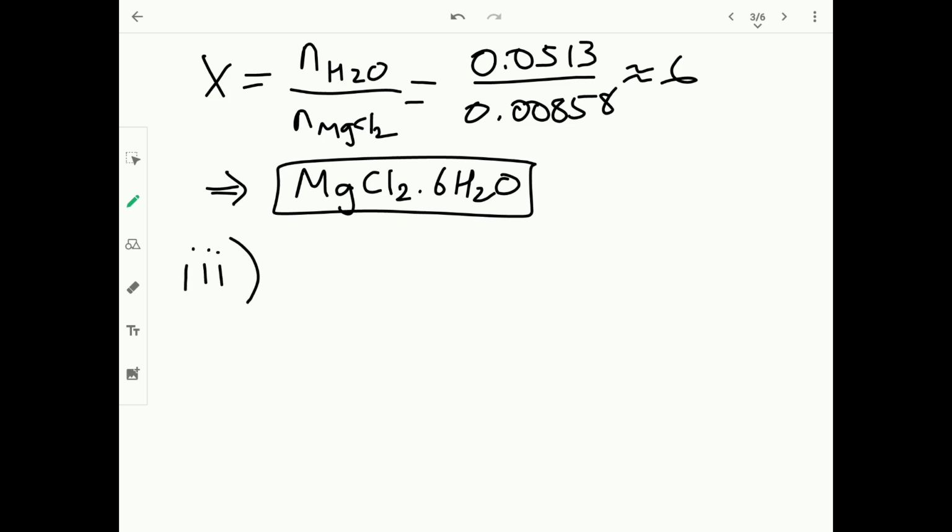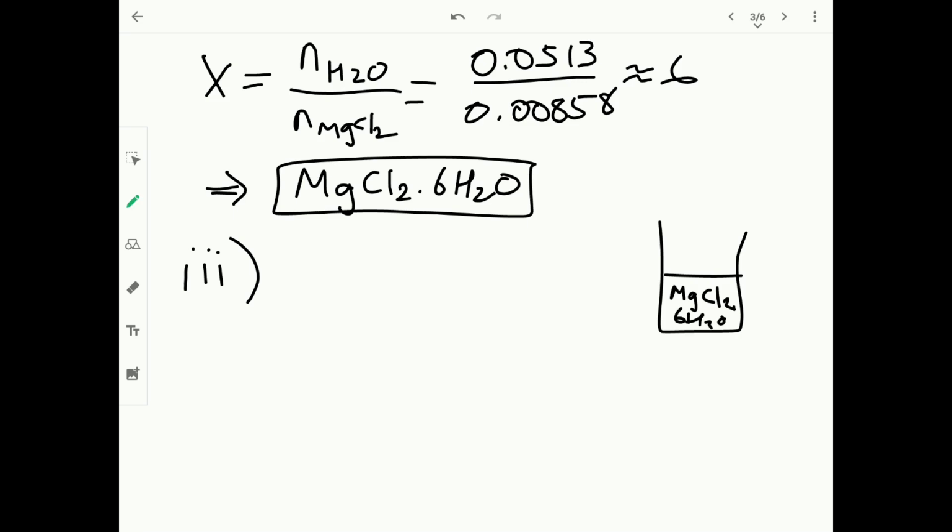Coming to part III, the last part. A different student spilled some of the hydrate before heating the solid in a crucible. This loss will have what effect on the calculated mass of the water lost by the hydrate? Justify your answer. Well, when you lose some of the hydrous MgCl2, which is MgCl2 dot 6H2O currently, right?